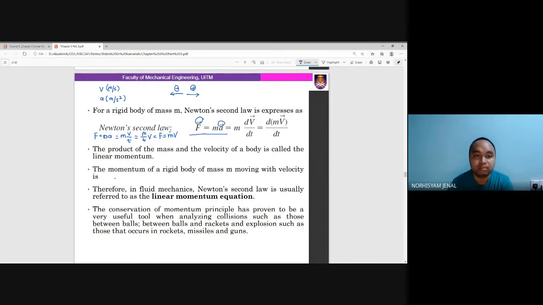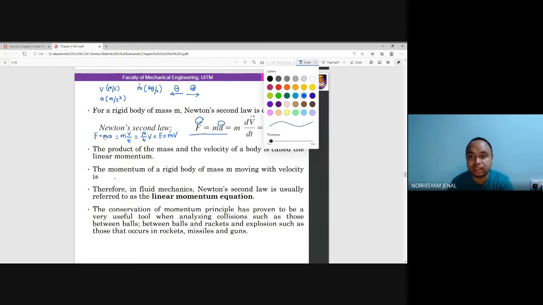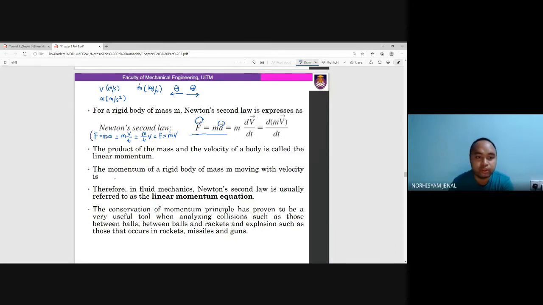Because remember, the unit of mass flow rate is kilogram per second, meaning mass divided by time. So F equals ma is a typical force calculation, while F equals m dot v, mass flow rate times v, is linear momentum.